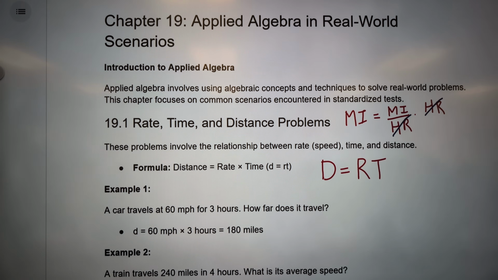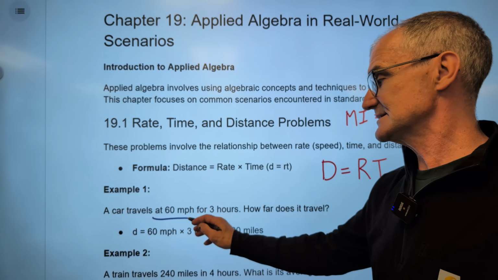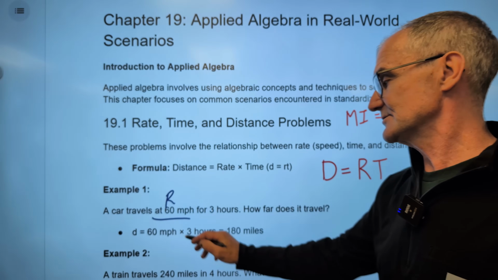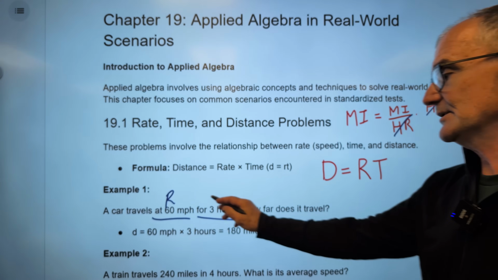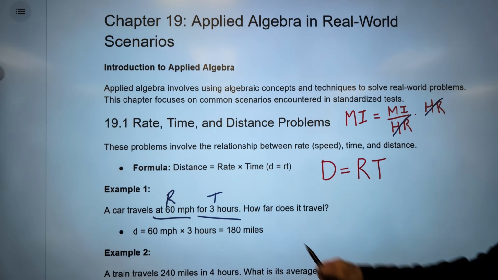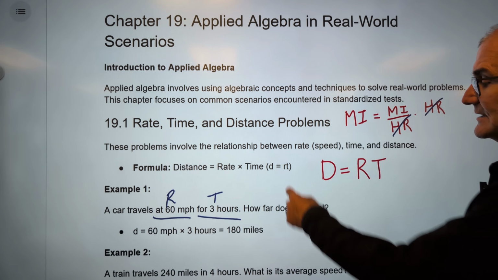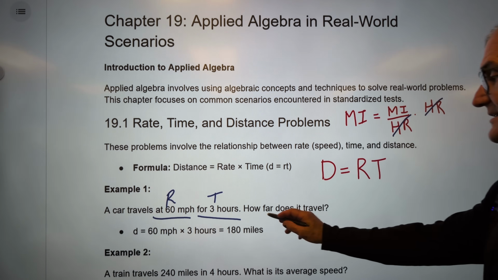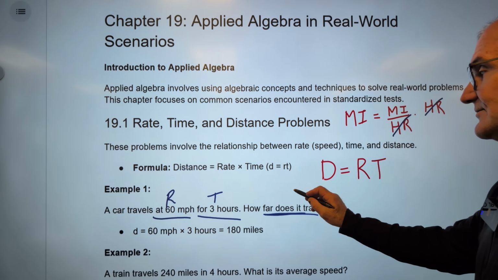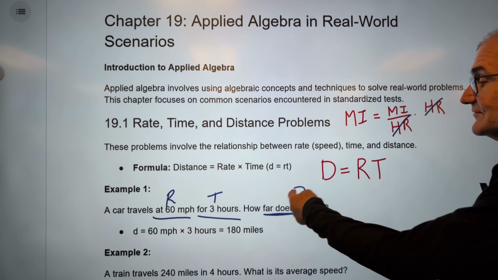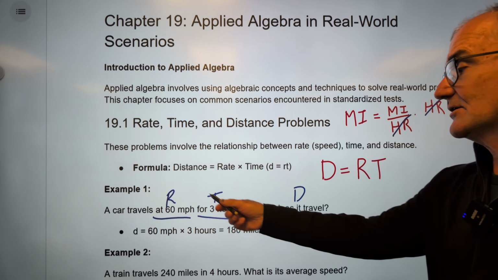So as an example, if a car travels 60 miles per hour, that is a rate, for 3 hours, that is a time. How far does it travel? Well, we have distance is equal to rate times time. This is asking you for a distance, how far. So D equals RT.